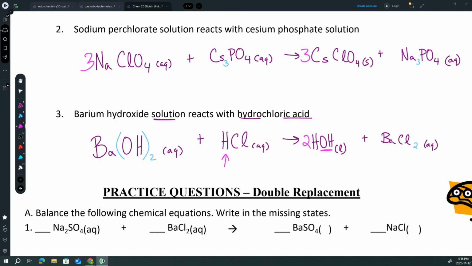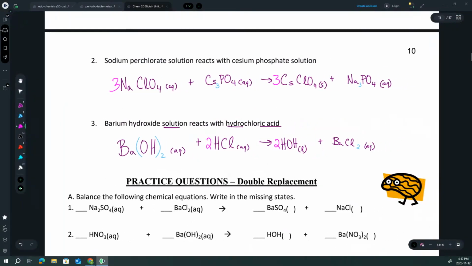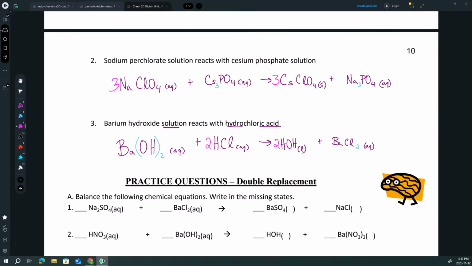Okay, hydrogen, 1 coming in, 2 going out. So I need 2 right here. But that 2 didn't just affect hydrogen, it also affected chlorides. So we have 2 chlorides going in and 2 coming out. That's balanced. All right, and that is done.